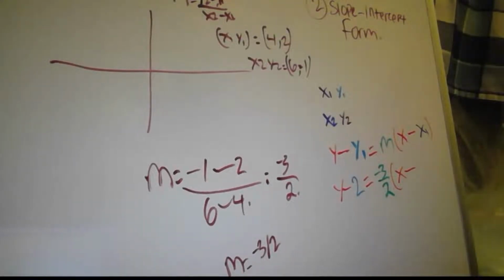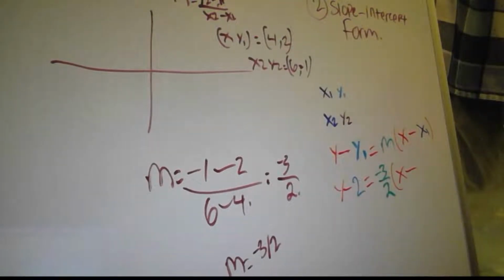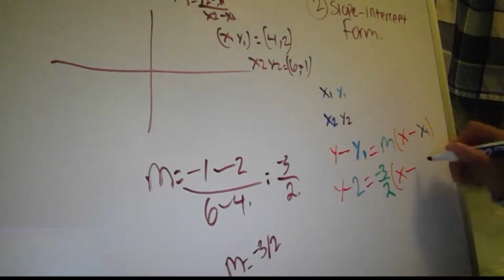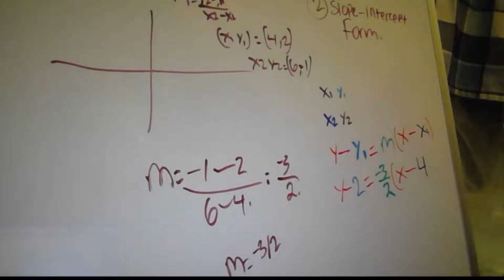So it would be minus 4, right? And then you would go ahead and simplify that.